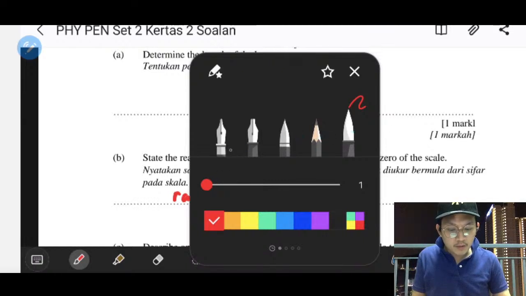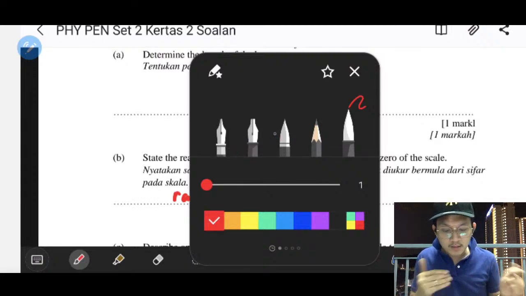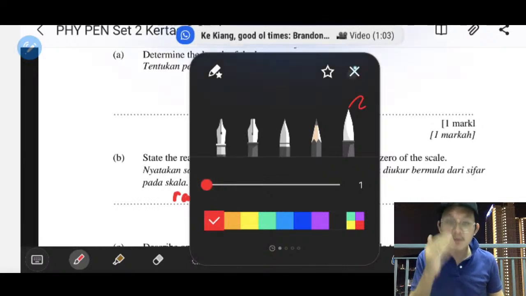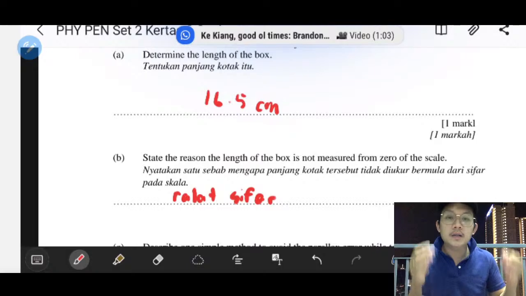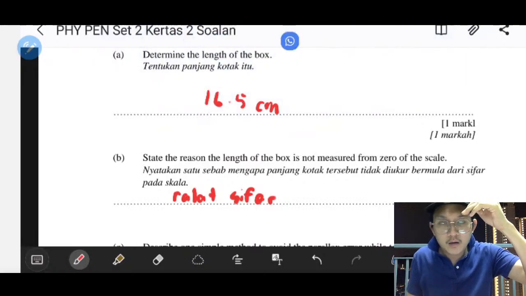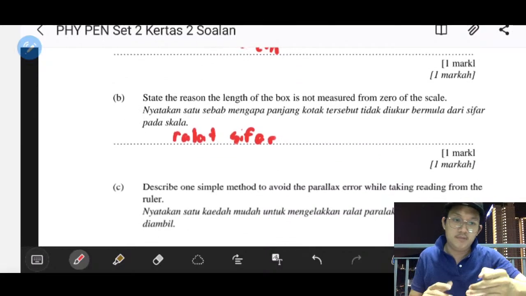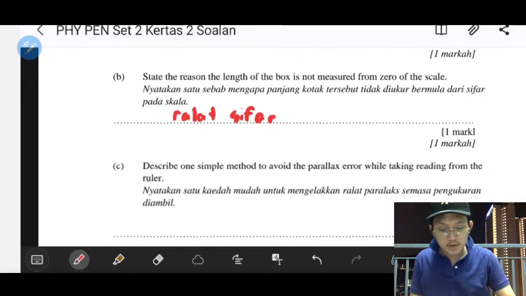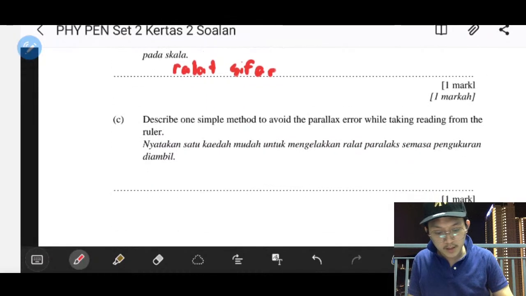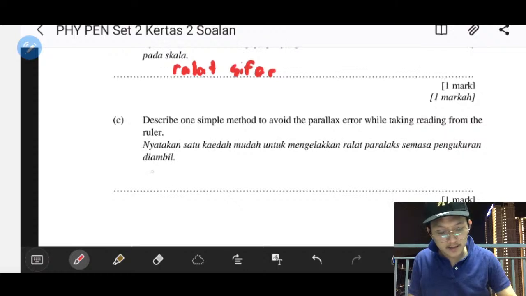Describe one simple method to avoid parallax error. Nyatakan satu kaedah yang mudah untuk mengelakkan ralat parallax semasa pengukuran diambil. Memastikan mata berada tegak atas skala bacaan.